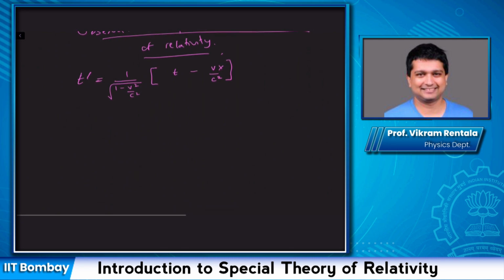Now, what does this tell us? Imagine that you're in a frame S. It's like you're standing on that railway platform and you are one observer O over here, and you have a bunch of friends who are separated from you by fixed distances of 1 meter, say.